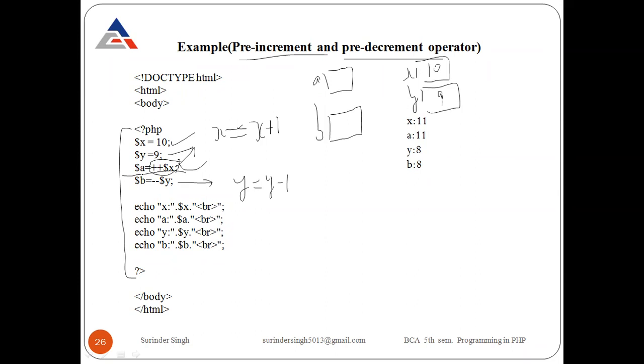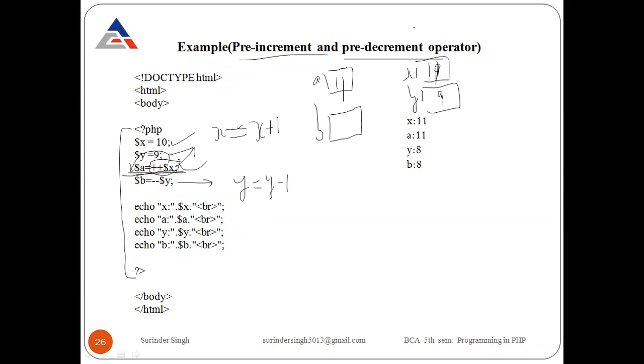Okay, what happened in this statement? x is incremented and the value is assigned to a. First x will be incremented by 1. Now x has the value 11. Then the value of x will be used for assignment to a. Clear? Now a also has value 11.